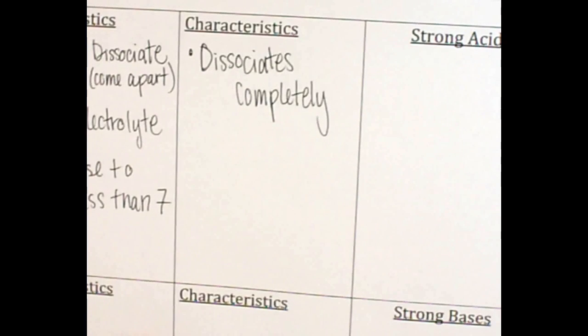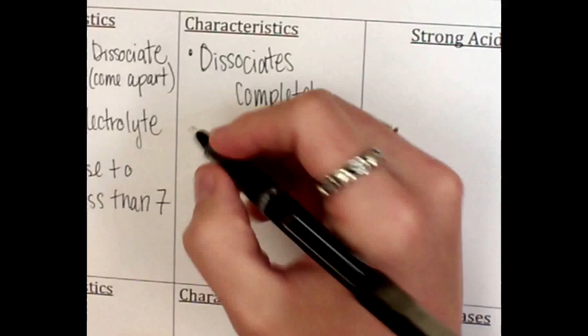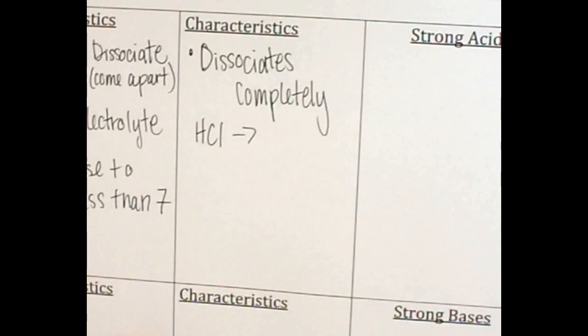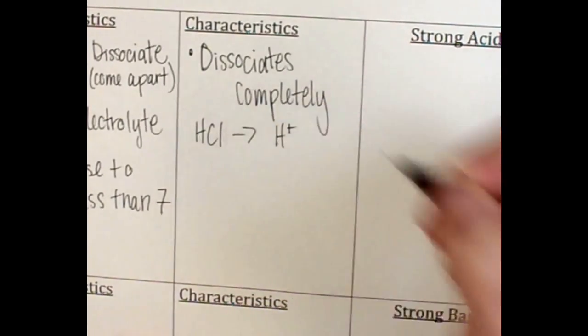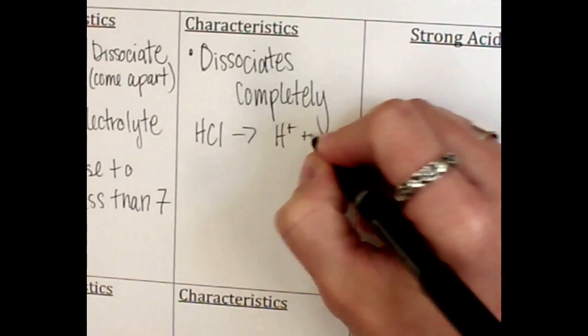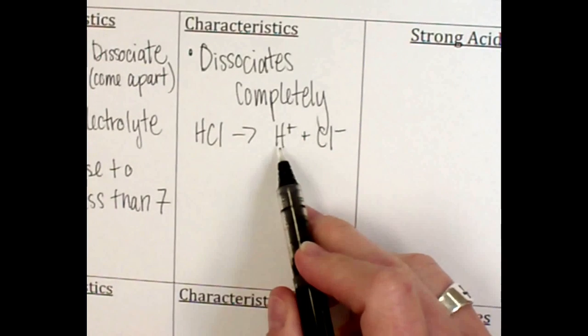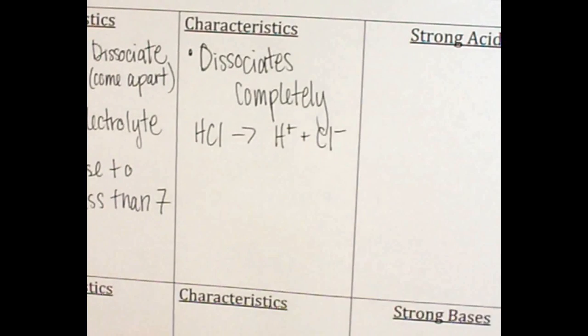If you wanted an example of that, if I had HCl and it were to completely dissociate, to break apart, then it would break up into my H ions and my Cl ions. So we had a cation and an anion, breaking apart into their charges. Now, since weak acids are weak electrolytes, what do you think a strong acid would be?